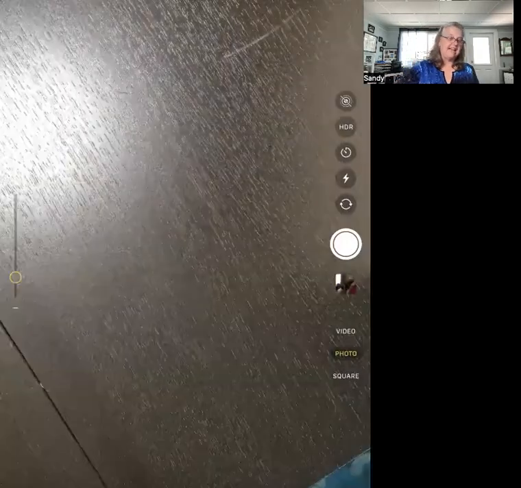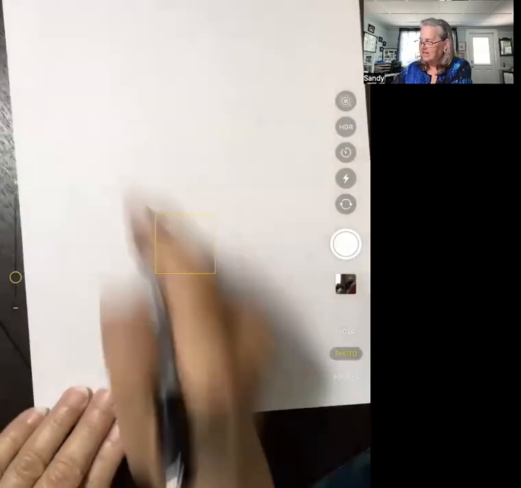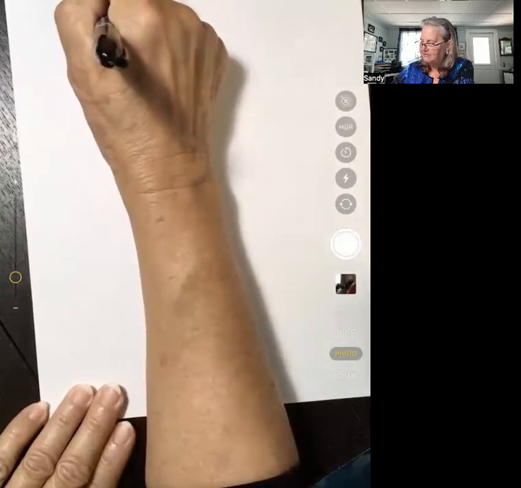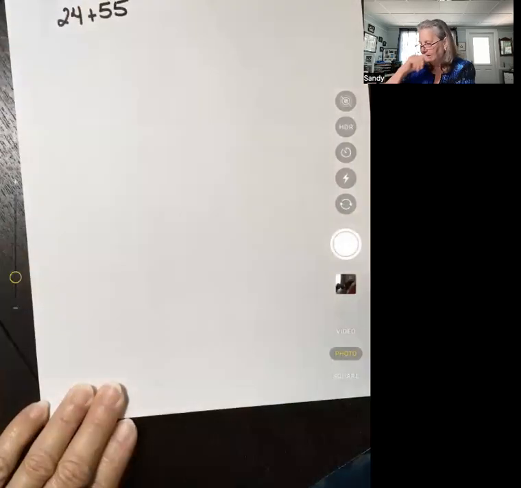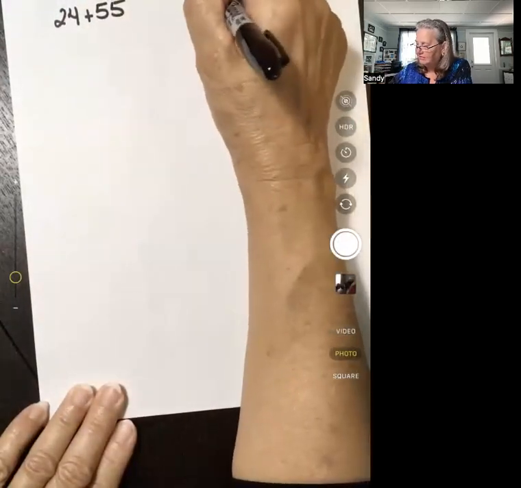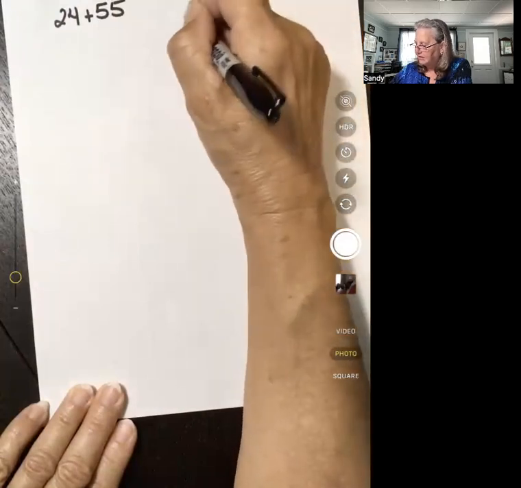Now, let's look at place value. Let's spend a bit more time with place value. I want to do just a couple of examples. If I do 24 plus 55, think about it, I could write it this way. I could write it this way.